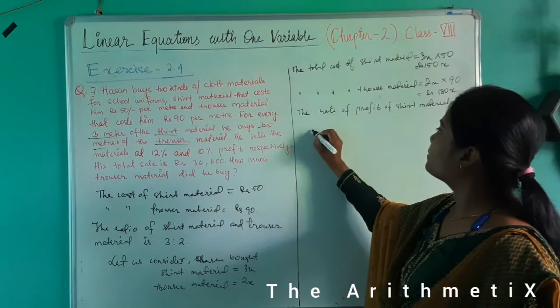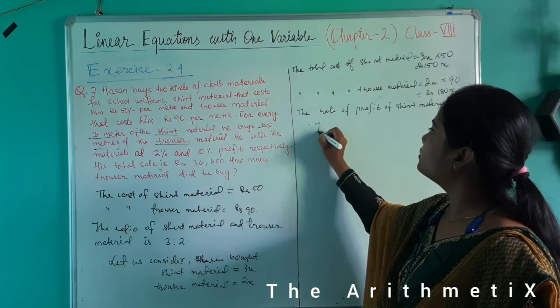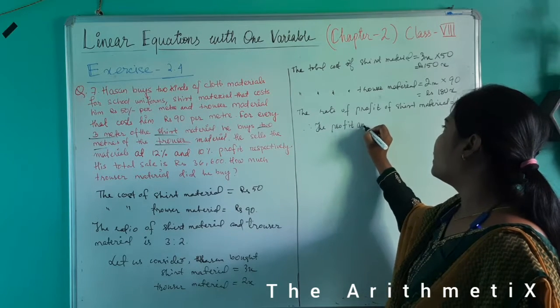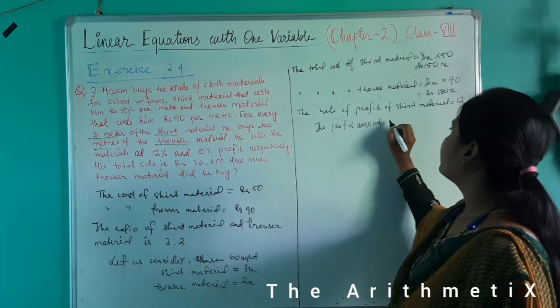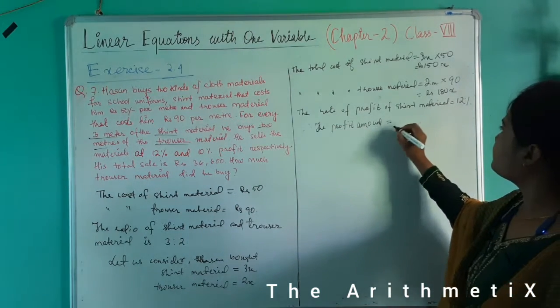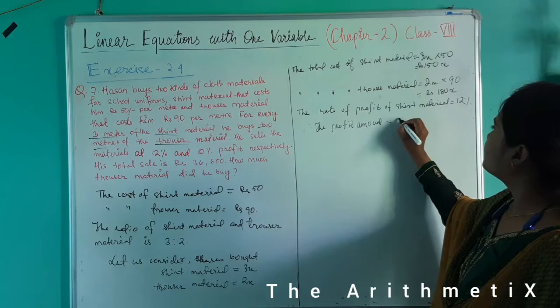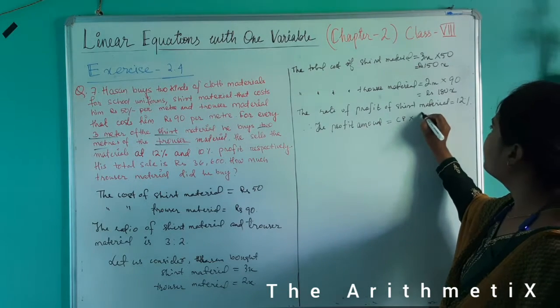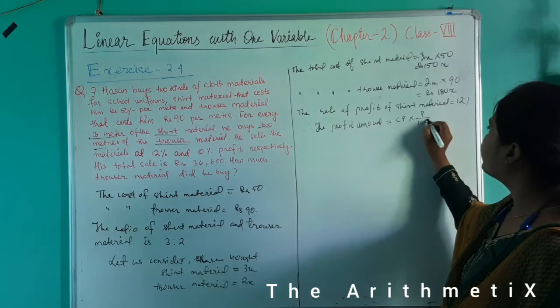So what is the profit amount? Therefore, the profit amount is equal to CP, cost price, into profit by 100.